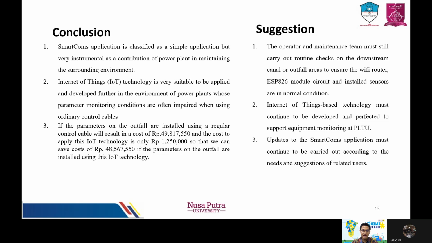Number two, Internet of Things technology must continue to be developed to perfect equipment monitoring at the power plant. Number three, updates to the SmartCom application must continue to be carried out according to the needs and suggestions of related users.